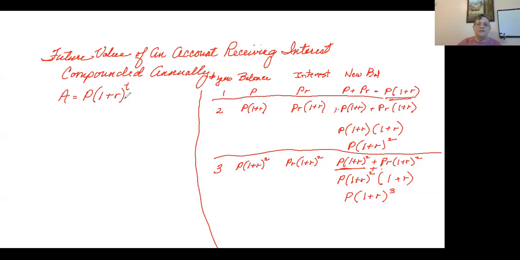Now, when you use this, you have to be able to raise the 1 plus R, whatever that may be, to any exponent. So you need to make sure you know how to use your calculator to raise anything to any power. And that's actually a different key in different calculators. It might show as x raised to the y or y raised to the x.